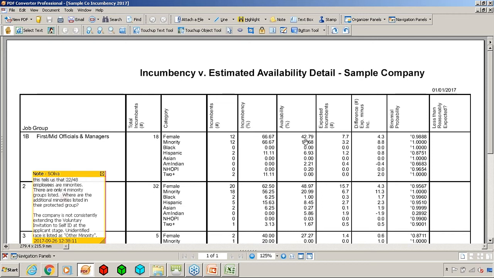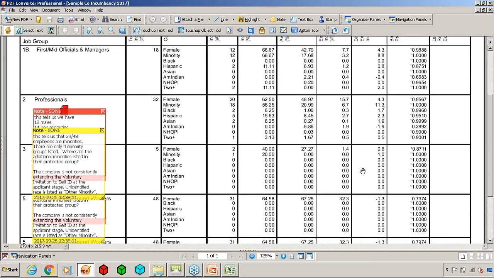What's available in their census area is 42% female. So they exceed by 4.3 individuals, or 4 females, what the OFCCP would expect them to have.